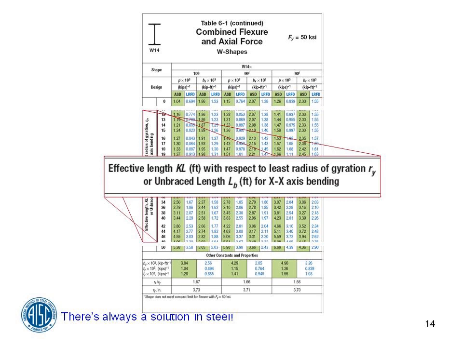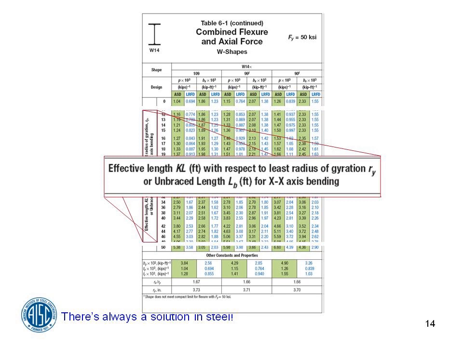So what we see on the left axis is the effective length, KL, with respect to the least radius of gyration, RY. And so you would use that part of the table to obtain information for the column, for pure compression. And you use the table just like you use the pure column tables.